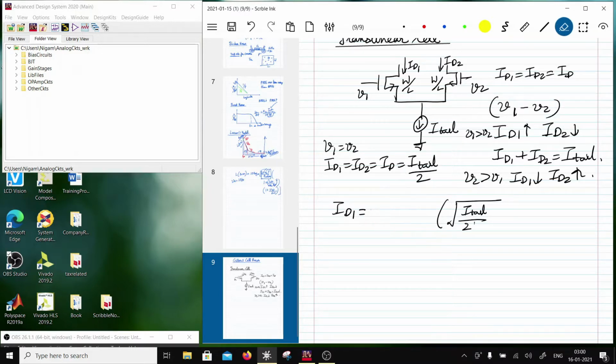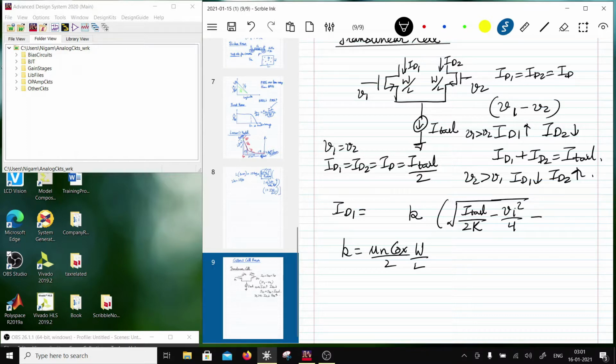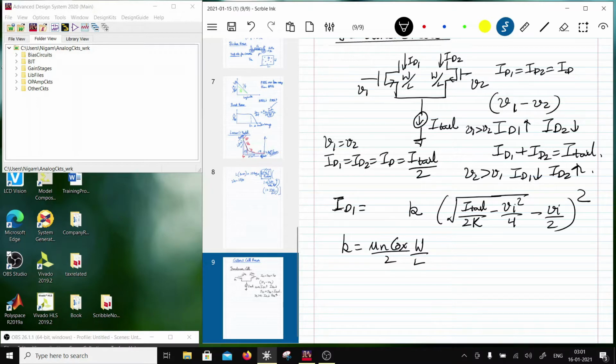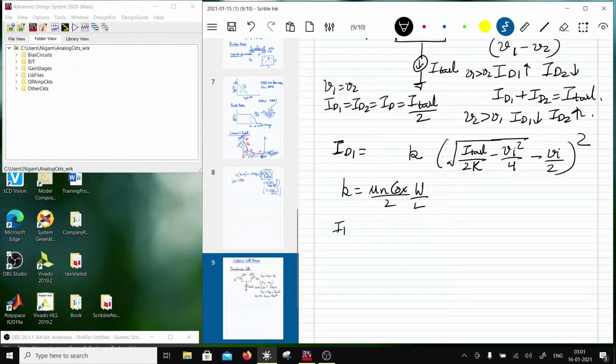Okay, so this quantity is K. What is K? K is equal to mu n Cox by 2 W by L. So K times, basically this will be equal to minus Vd by 2 whole square. So this is the large signal current ID1. Similarly, we have ID2.